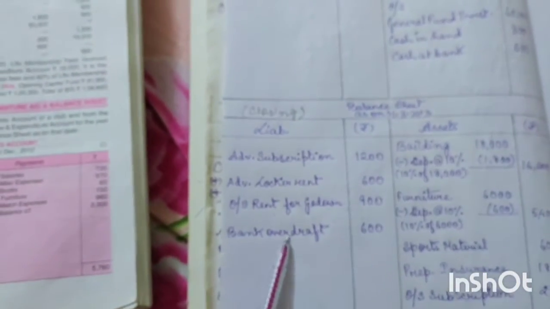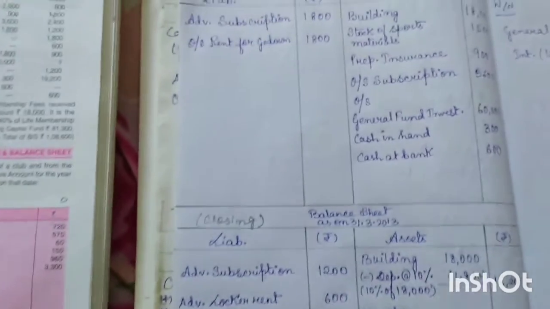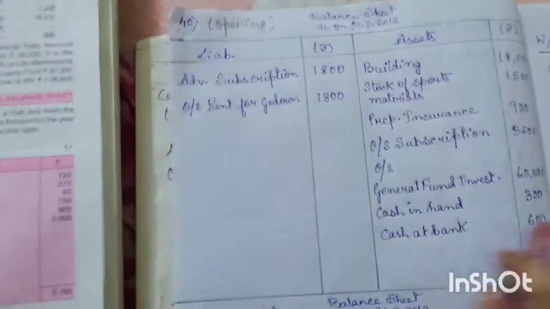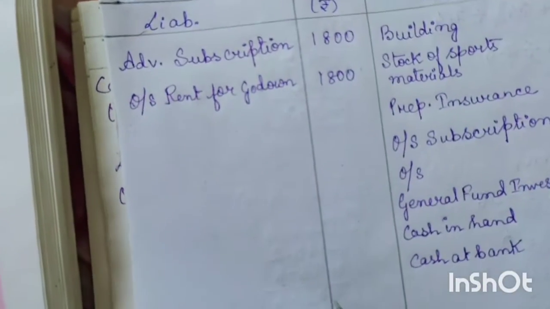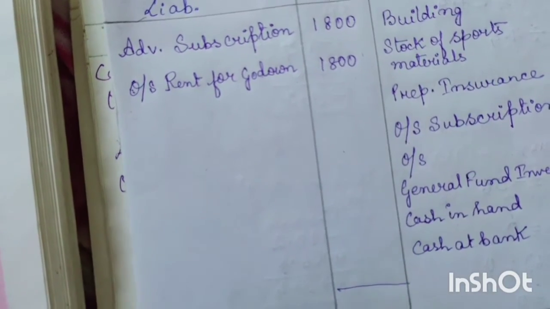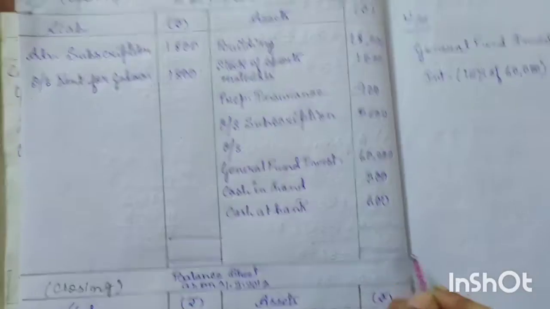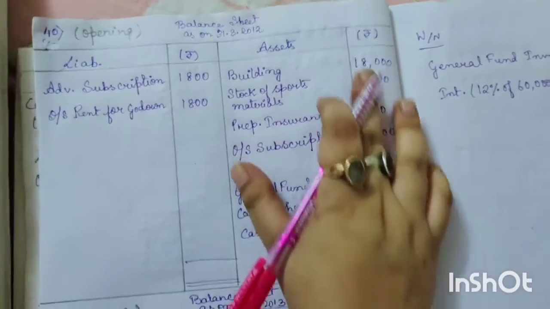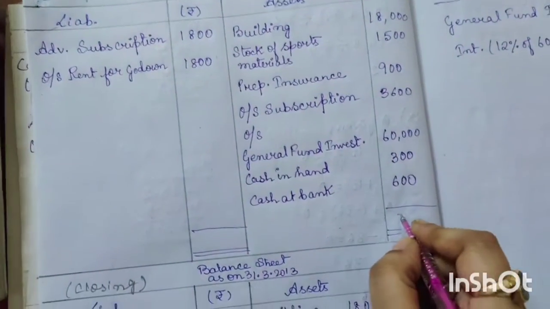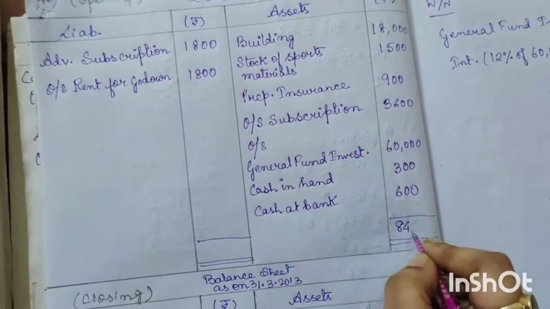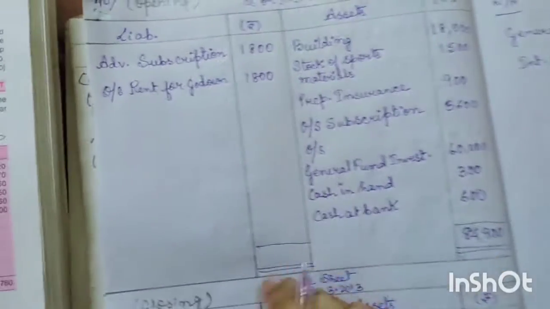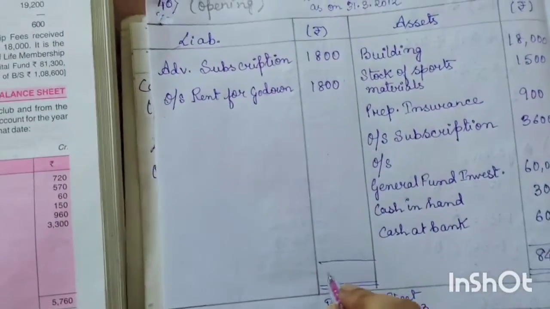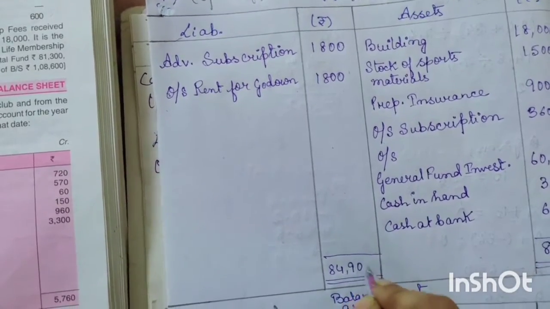First, we need to calculate the capital fund from the opening balance sheet. Let us make the total first. If we calculate the asset side, we will get a total of 84,900. Here also we will write in the closing balance sheet 84,900.